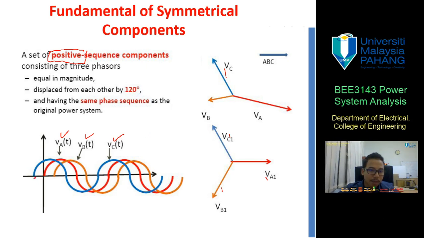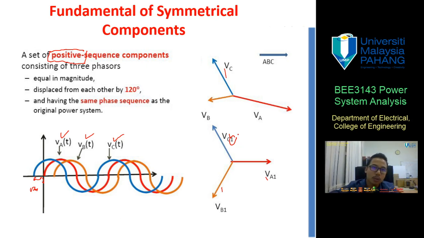The phase difference is 120 degrees, but they have the same phase sequence. This is what we call positive sequence. We usually mark it as number 1. Remember, we are going to use it many times after this.